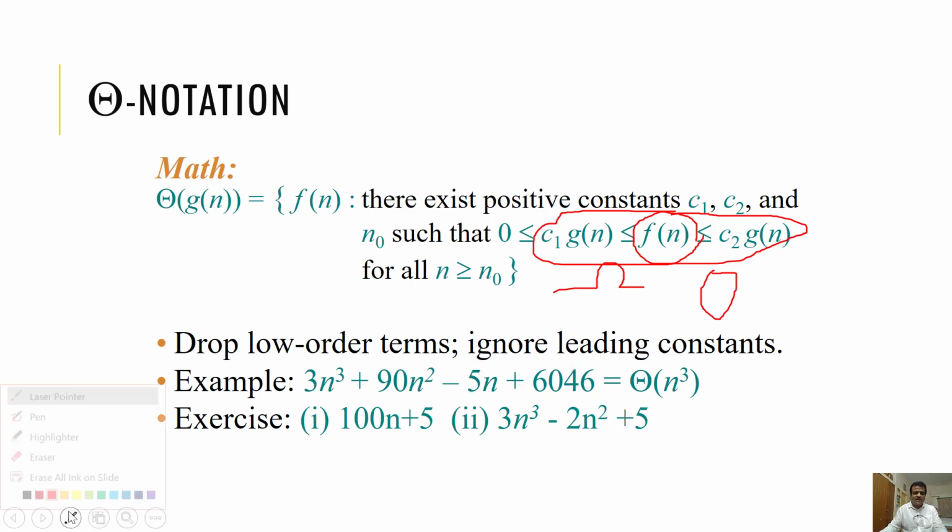So, we cancel these terms, this term, this term. Then finally, we have 3 n cube. Then we ignore the leading coefficient 3 and that gives us the order, which is basically big theta of n cube. So, we can say this is an order of n cube algorithm.